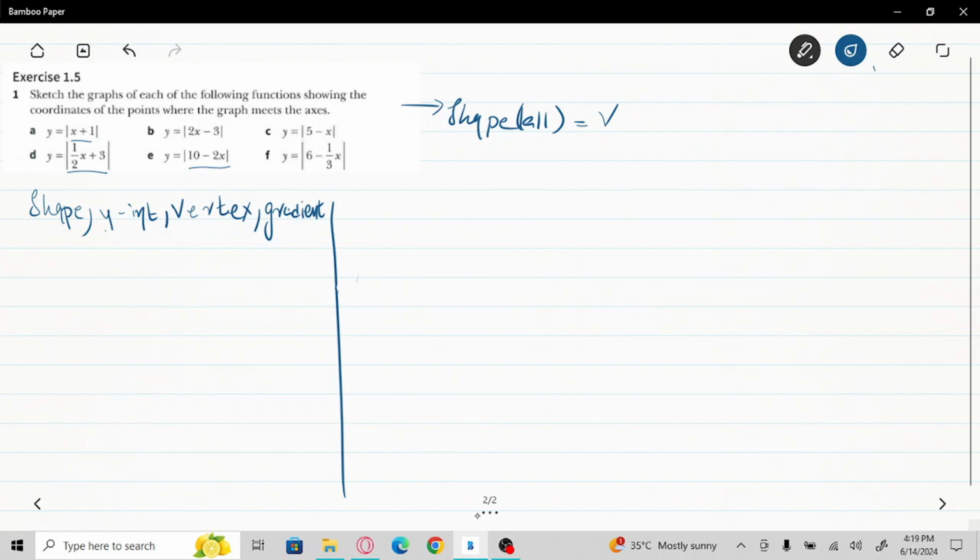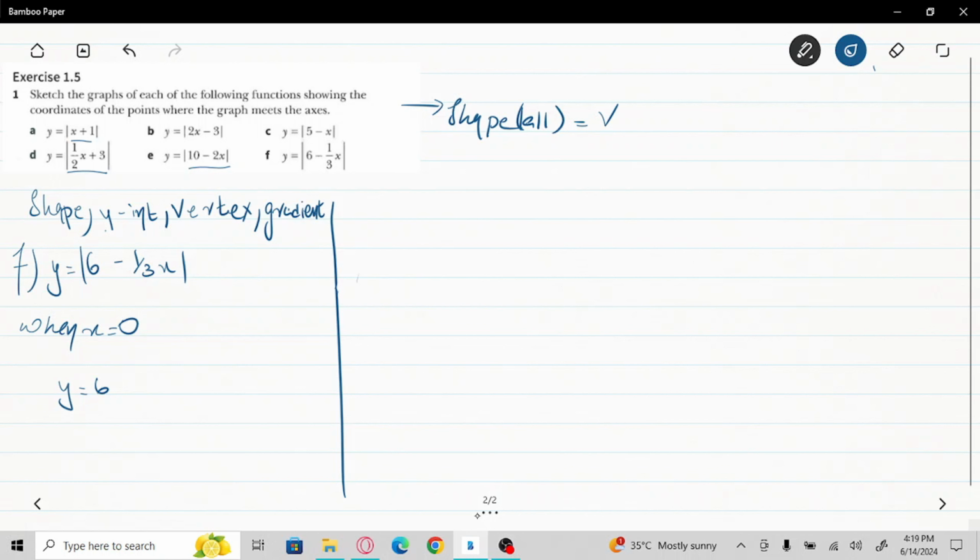On to part F. What we need here is y equals 6 minus 1 upon 3x, in a modulus. First of all, the shape of the graph is a V shape. The y-intercept is when x equals 0. 1 upon 3 of 0 is 0, so y equals positive 6.